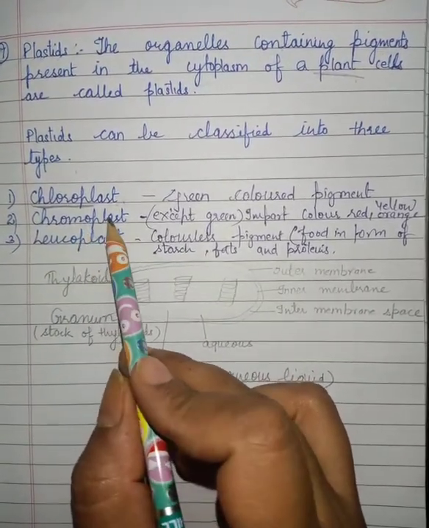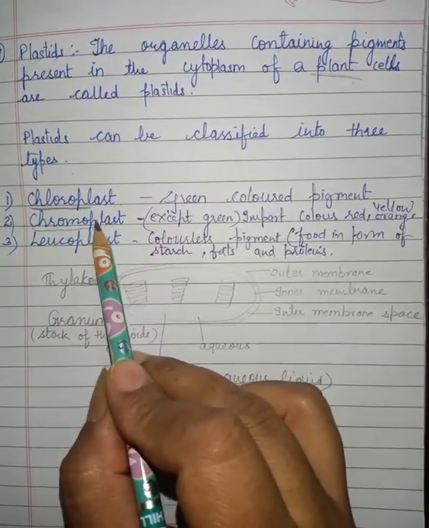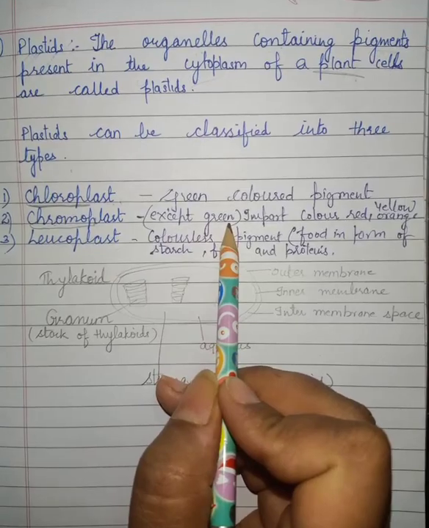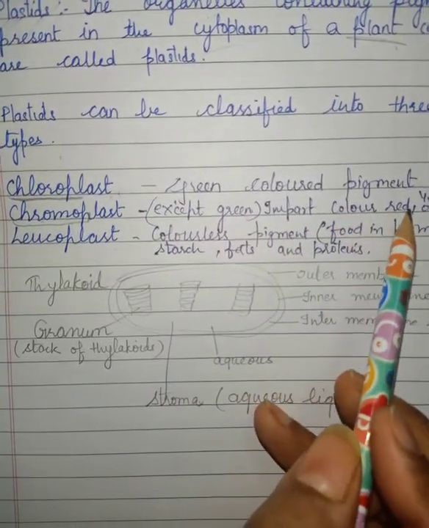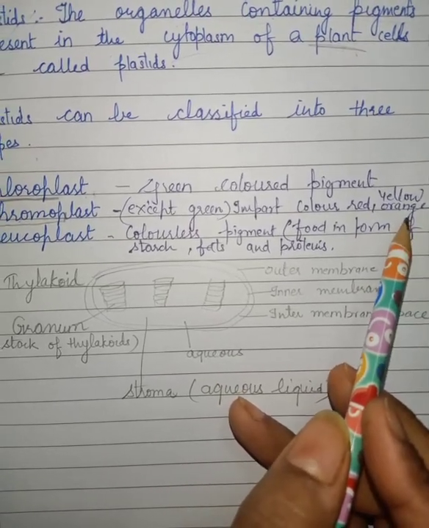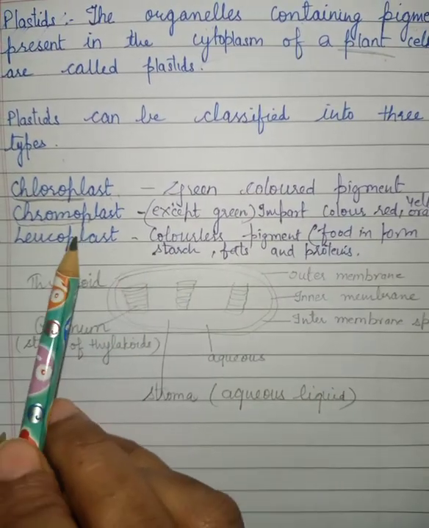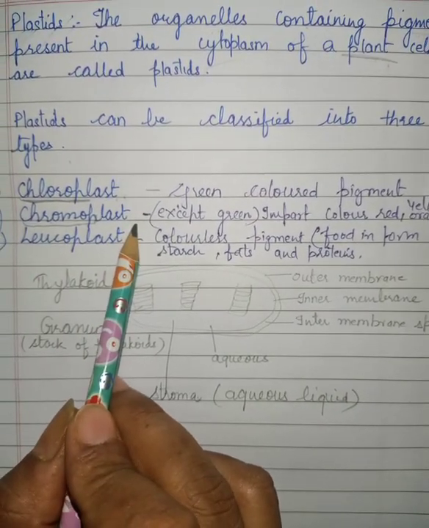Second is chromoplast. Chromoplast means coloring pigment, any coloring pigment except green. So if they impart color like red, yellow, orange, then this type of plastids is called chromoplast.